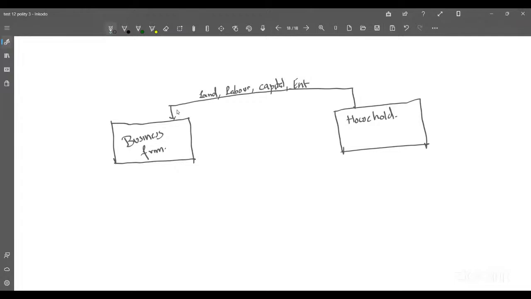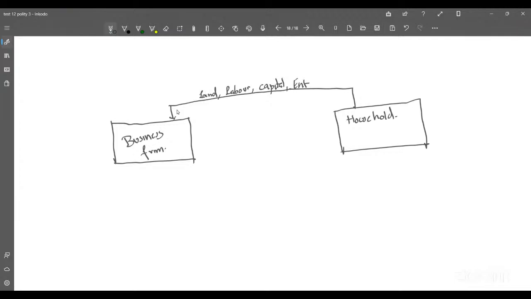The household provides, yes or no? So on whose land would the company be set up? It would be owned by somebody from the household. Who is working in that company? Somebody from the household has to go. Household means the consumers. Everyone who consumes is what we call a household.